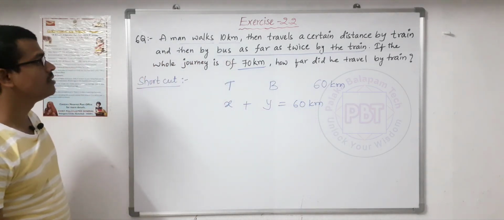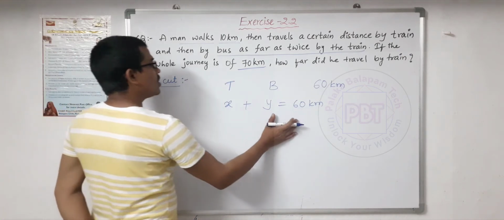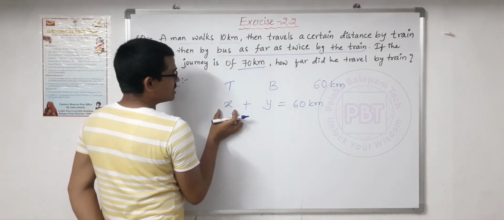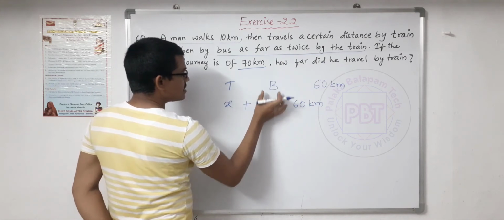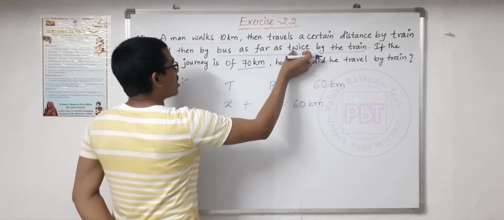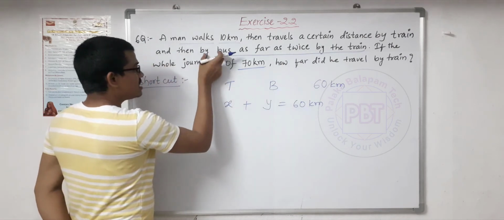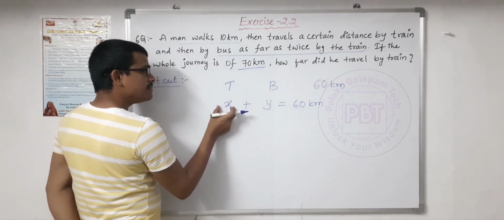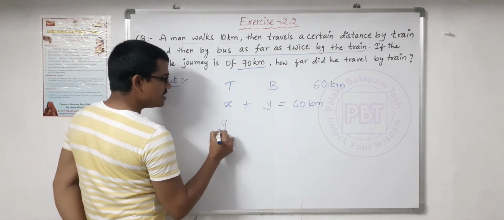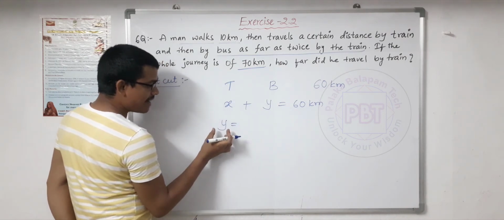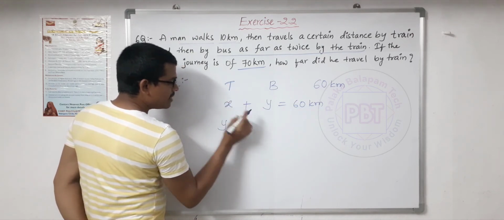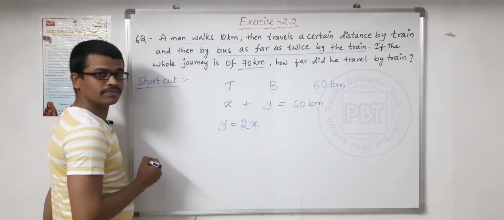According to the question, the distance traveled by bus is twice the distance traveled by train, that is x.